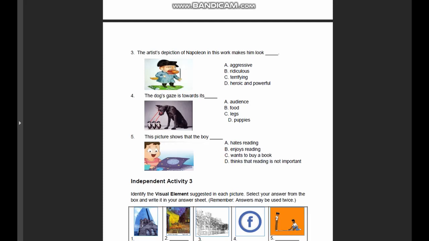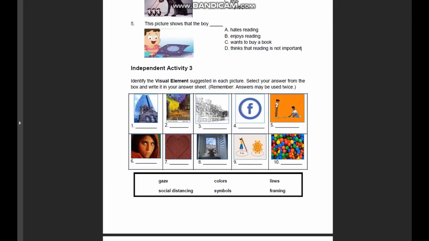Okay, now let's move on. Let's have independent activity number 3. Let's identify the visual element suggested in each picture. Select your answers from the box below and write it on your answer sheet. Okay, write the numbers and write your answer only.